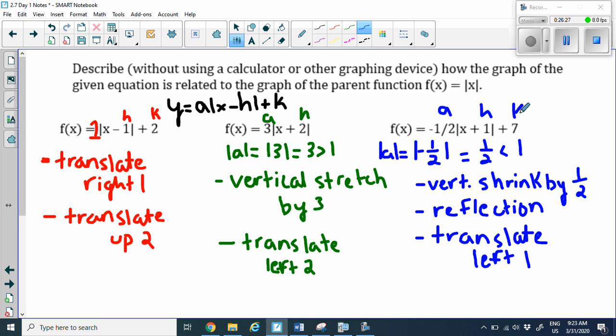And I have a k value, and notice it's a +7. So I also translate up 7.